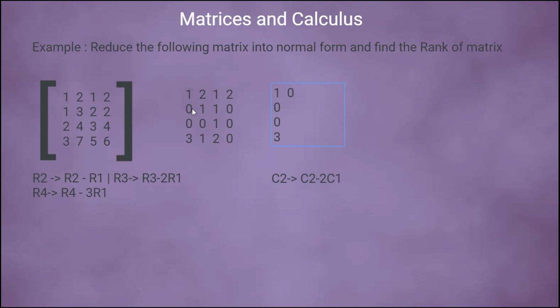Next, 1 minus 2 into 0, that is 1. Next, 0 minus 2 into 0, 0. Next, 1 minus 2 into 3, that is minus 5.